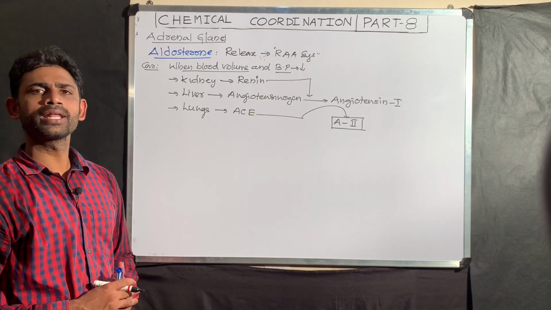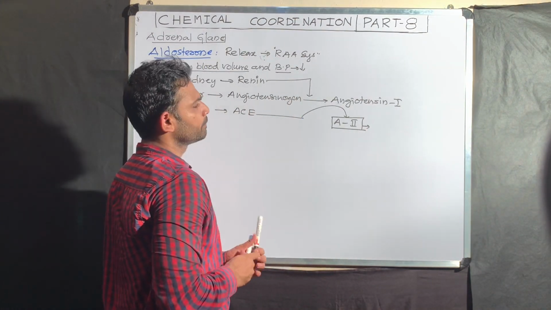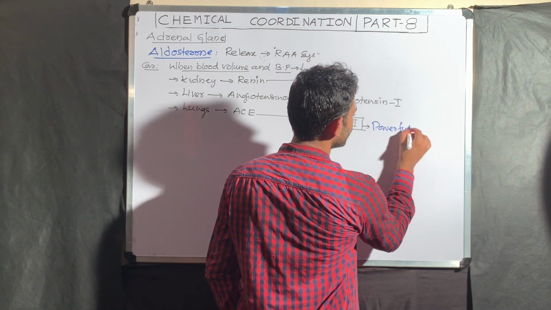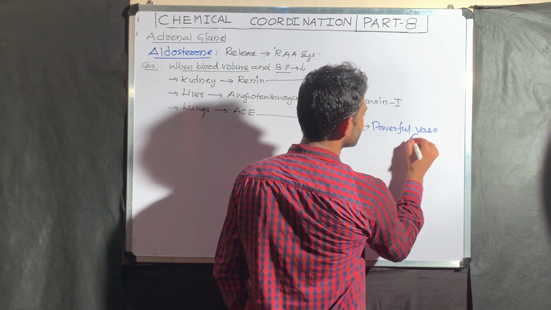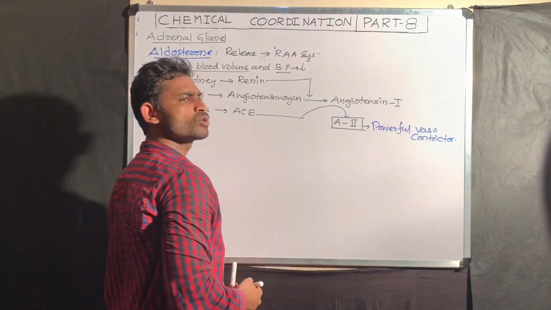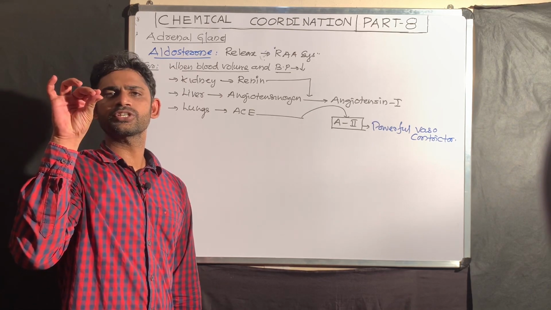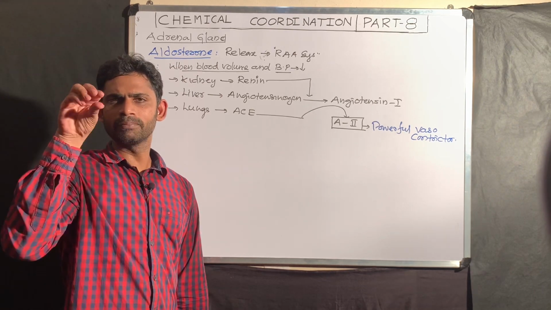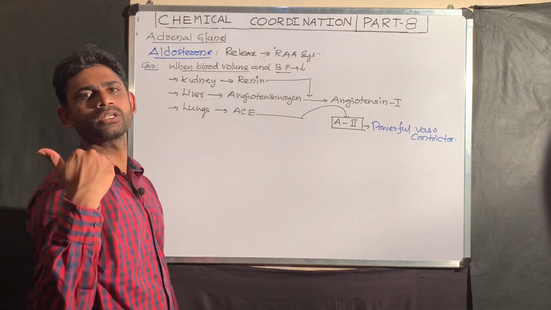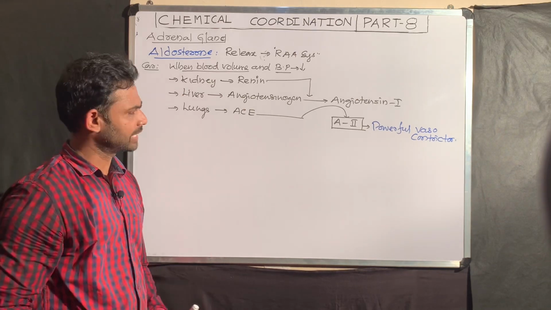This angiotensin 2 is a powerful vasoconstrictor. What is the meaning of vasoconstrictor? A2 causes constriction of the blood vessels. When the blood vessels get constricted, automatically BP will increase. The pressure of the blood will increase, so automatically it is getting recovered.